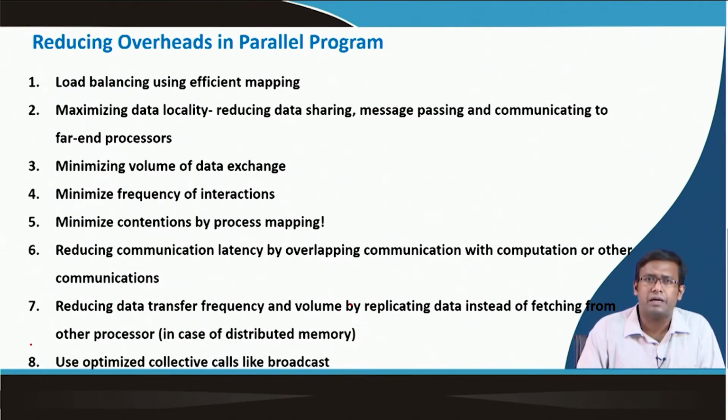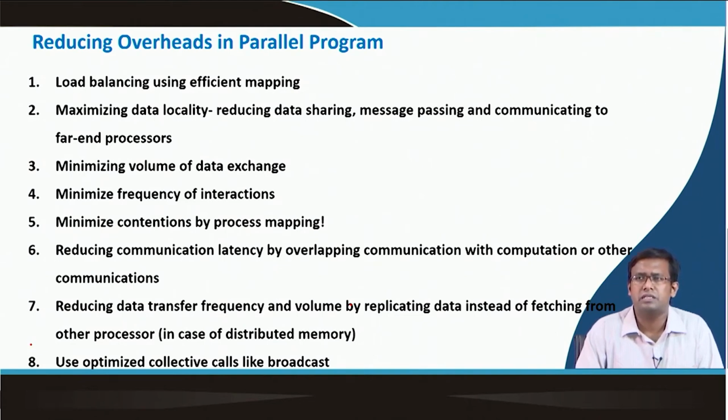And lastly, using optimized collective calls like broadcast. So, when some data is sent from one processor and it will go to all the processors, instead of using something like send-receive protocols, you use a collective call, which will broadcast to other computers.